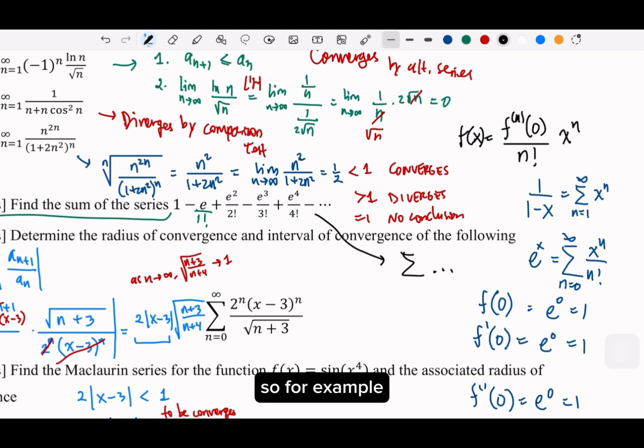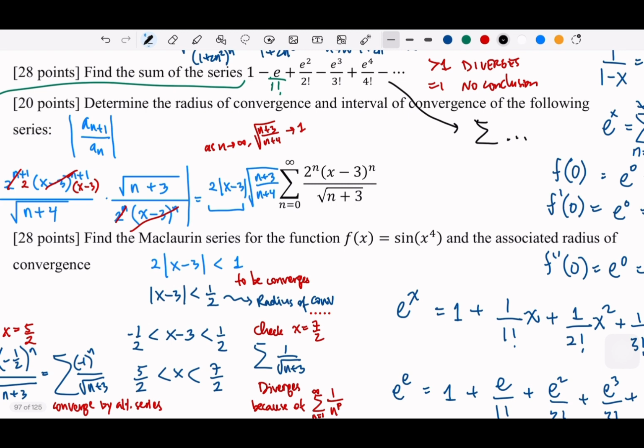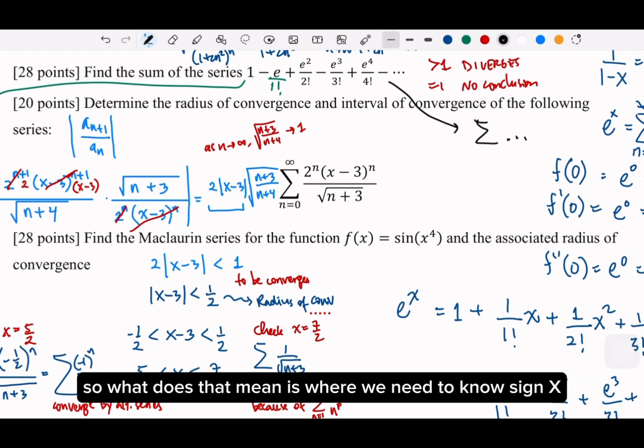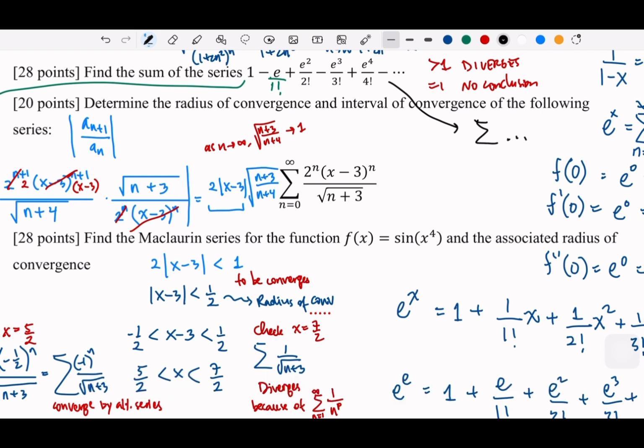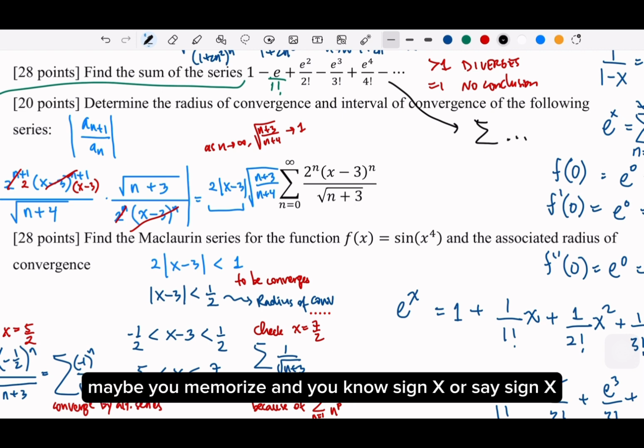For example, this one has sine and then x to the power of 4. So we need to know sine x. It's good if you memorized it before.